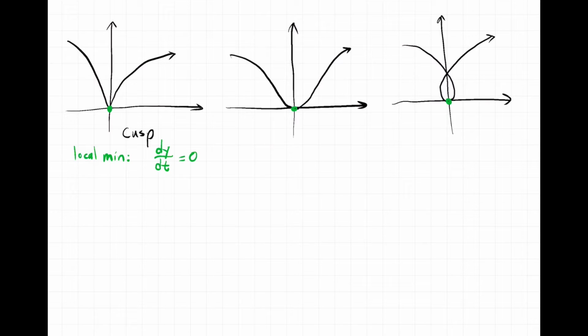That means that our y starts off decreasing, decreasing, decreasing down to 0, and then begins to increase again afterwards. We have a local minimum. So dy/dt must equal 0 at that point. In all three cases, dy/dt must equal 0 at that point.